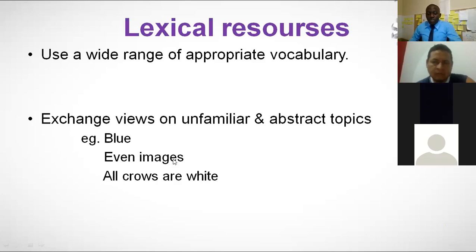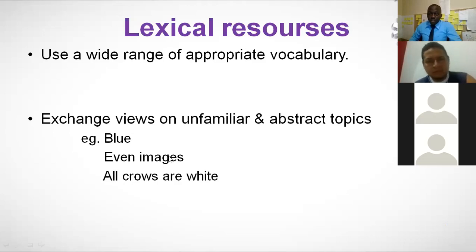Even images, we looked at this. You might be thinking of something to be done, so you're having two thinkings at a go. And then we said all crows are white. We all know that crows are always black, or sometimes a navy blue, but in most cases they are all black.